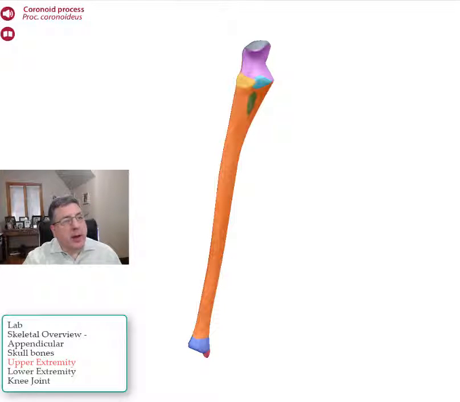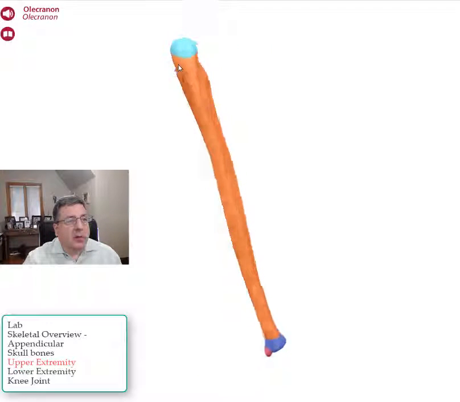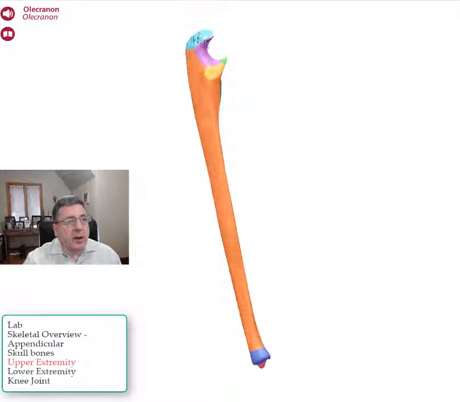The olecranon, that's a key one because that's a big obvious feature. This is going to be part of the olecranon, and this is going to be received in the olecranon fossa of the humerus.